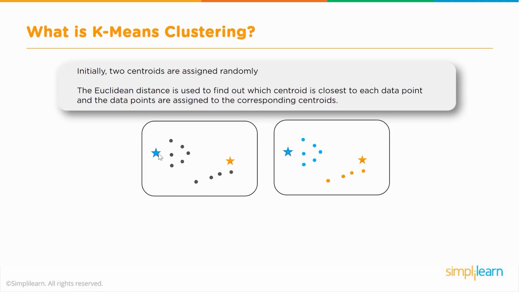So for every point, the distance is measured from both the centroids. And then whichever distance is less, that point is assigned to that centroid. So for example, in this case, visually it is obvious that all these data points are assigned to this centroid, and all these data points are assigned to this centroid. And that's what is represented here in the blue color and in this yellow color.